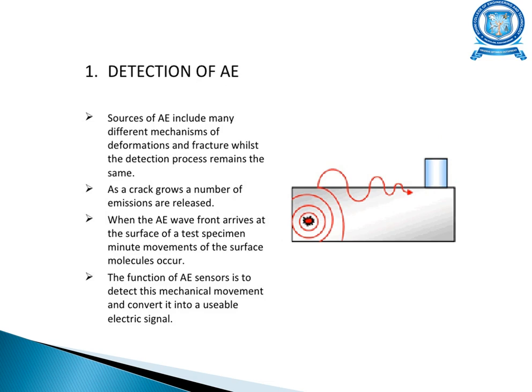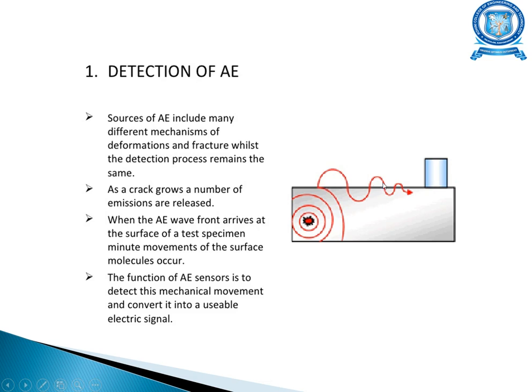So, detection of acoustic emission. The source of acoustic emission may include many different mechanisms of deformation and fracture, while the detection process remains the same. As the crack grows, a number of emissions are released, and the emitted acoustic waves arrive at the surface of the test specimen.